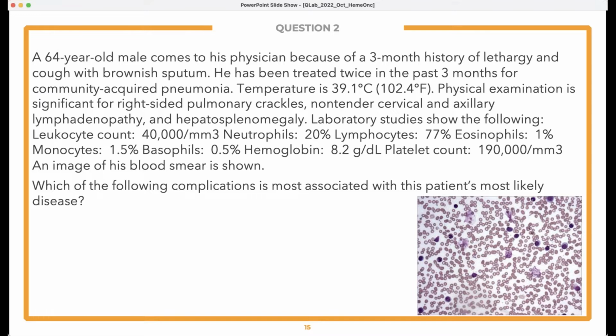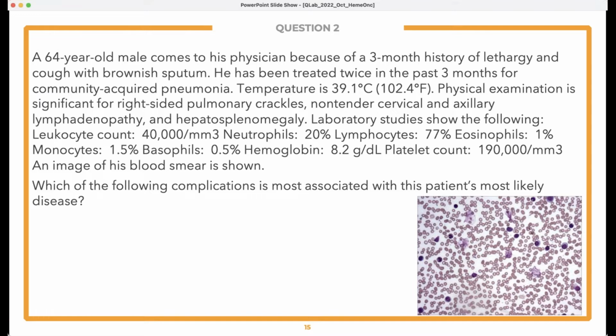Laboratory studies show the following: leukocyte count 40,000, neutrophils 20%, lymphocytes 77%, eosinophils 1%, monocytes 1.5%, basophils 0.5%, hemoglobin 8.2, platelet count 190,000. An image of his blood smear is shown here.